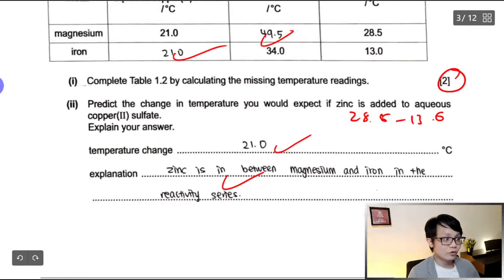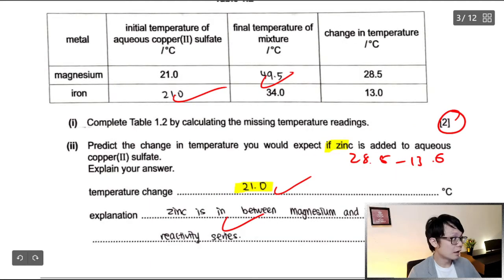Now for the one you don't know, predict the temperature if I put zinc. The student wrote 21, which is correct. 21.0. Very good. You need to put the .0; if you don't, you will get it wrong.